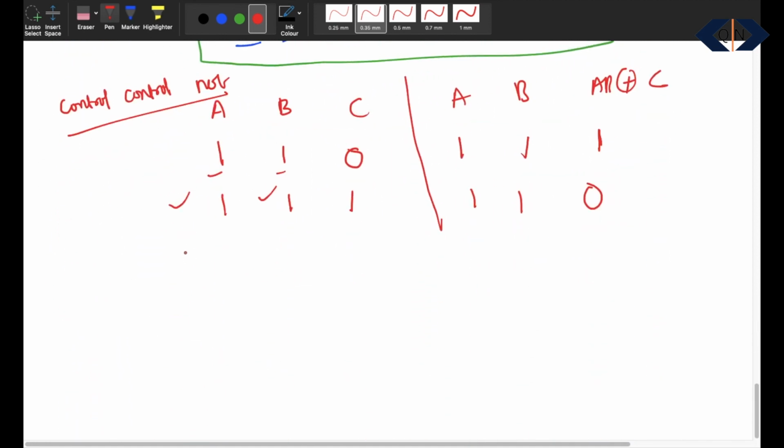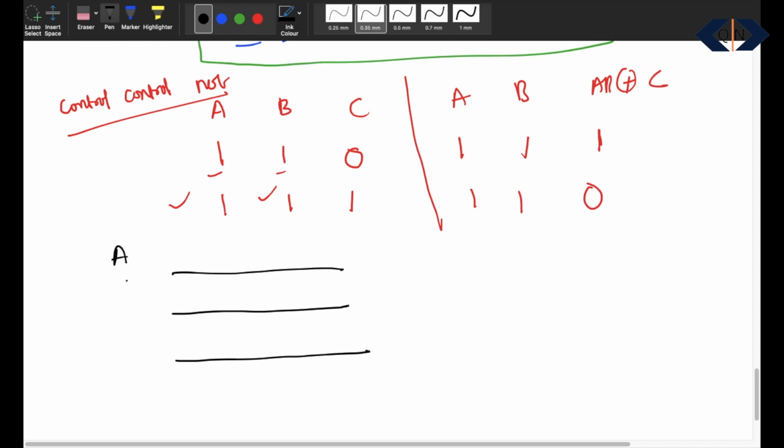When you use IBM, you will also draw the control NOT like this. This is our input A, B, C. How do we draw the control NOT? This is A, this is B, and here we are flipping the bit. We draw it like this.